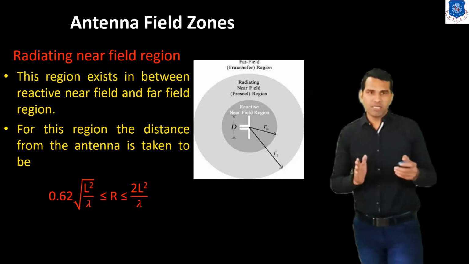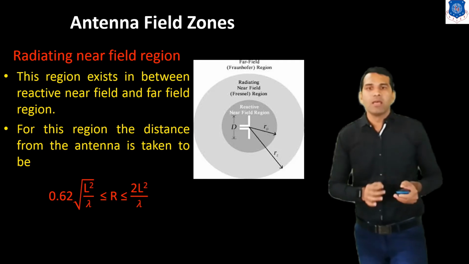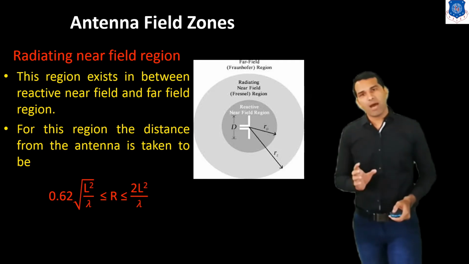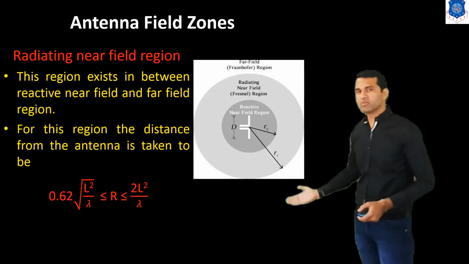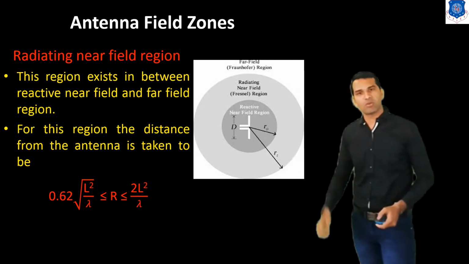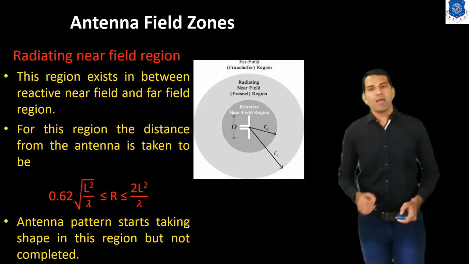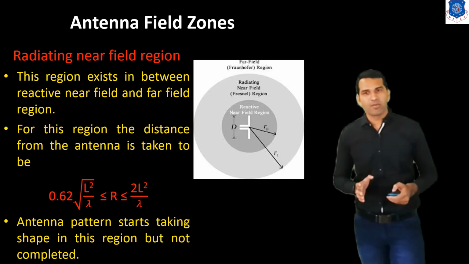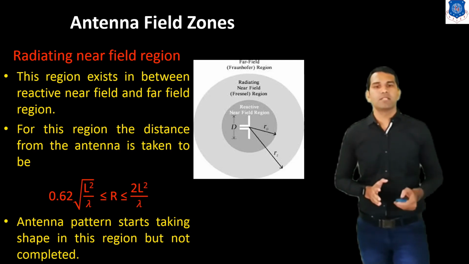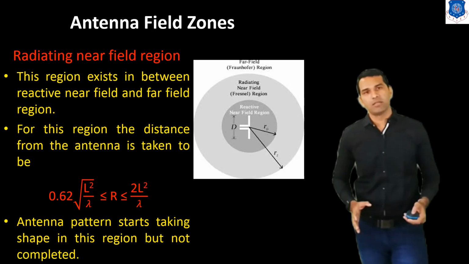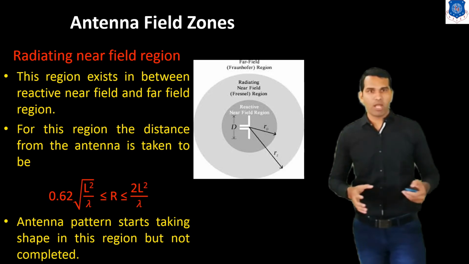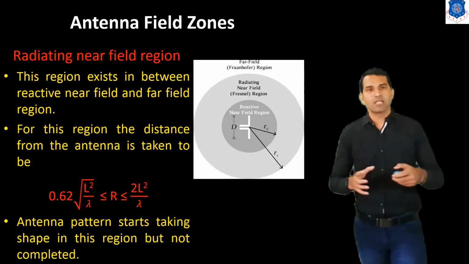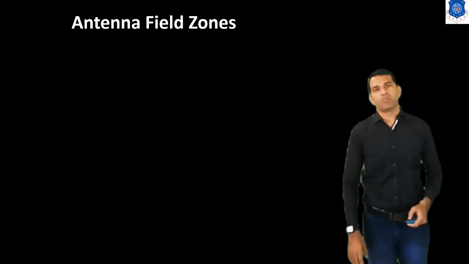So this region is in between the reactive near field and far field region, and the boundary condition for this region we can find by using this formula. The antenna pattern starts taking shape in this region but is not complete. That means the propagating wave starts taking shape but is not complete.